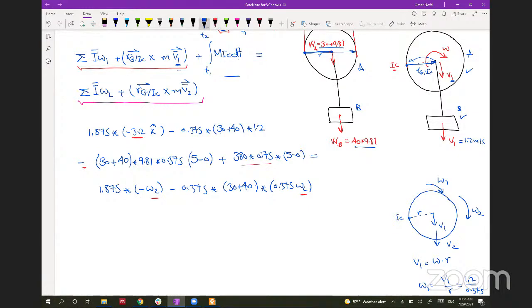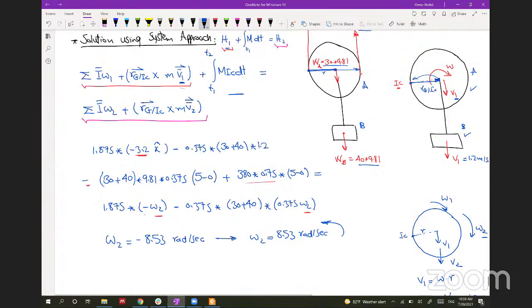And when you calculate this, you will find that omega 2 is equal to negative 8.53. That means that the assumed direction of omega 2 is not right. It should be in the opposite direction. So omega 2 as a magnitude is 8.53 radian per second, and as a direction, it will be in this direction.